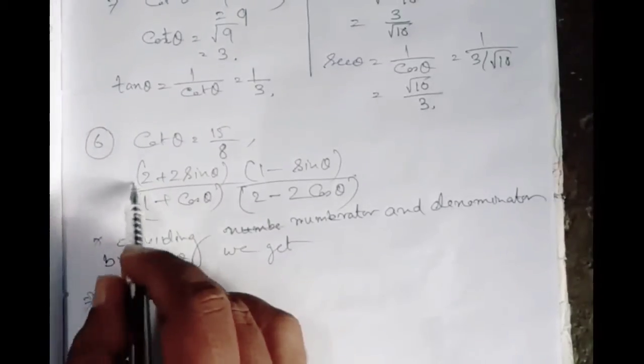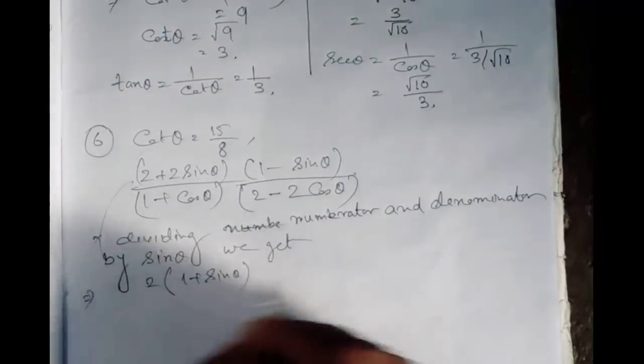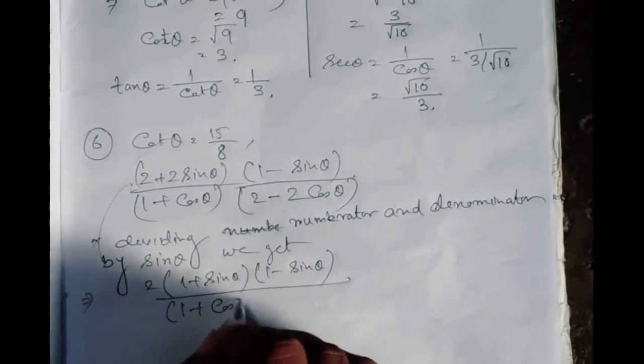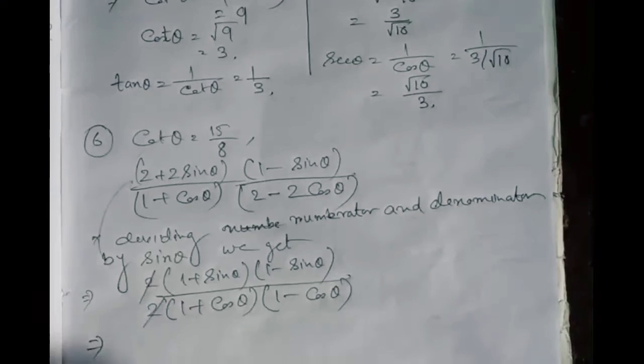First we take common from here. 2 taking common, (1 plus sin theta)(1 minus sin theta) by (1 plus cos theta)(1 minus cos theta). 2 taking common over here, these two cancel. So this is 1 minus sin square theta by 1 minus cos square theta.